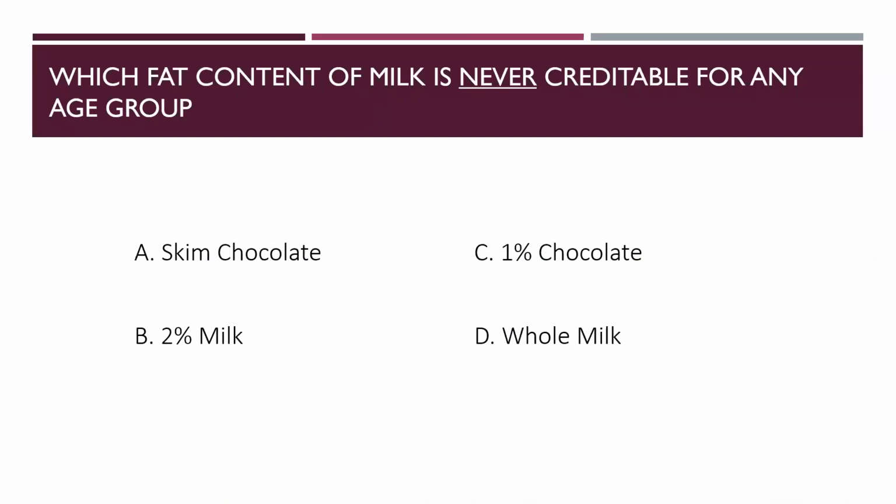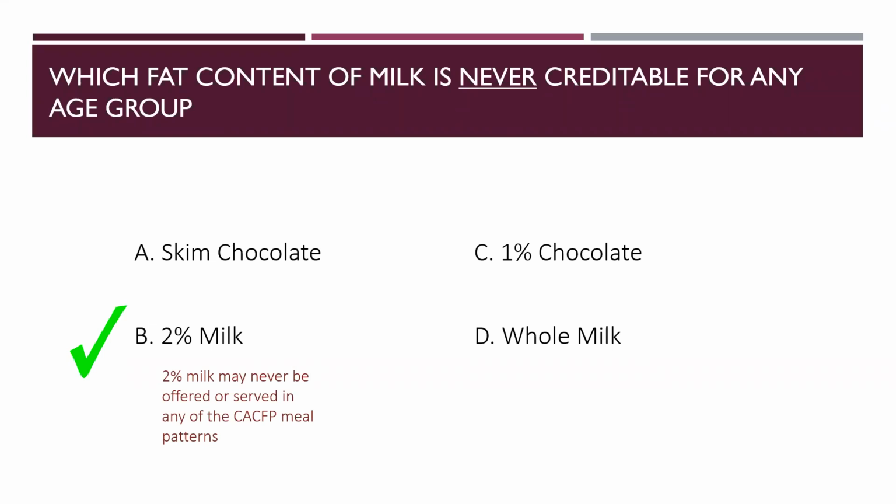Let's test your knowledge. Which fat content of milk can never be served in any of the meal patterns? Is it A, skim milk, B, 2% milk, C, 1% chocolate, or D, whole milk?